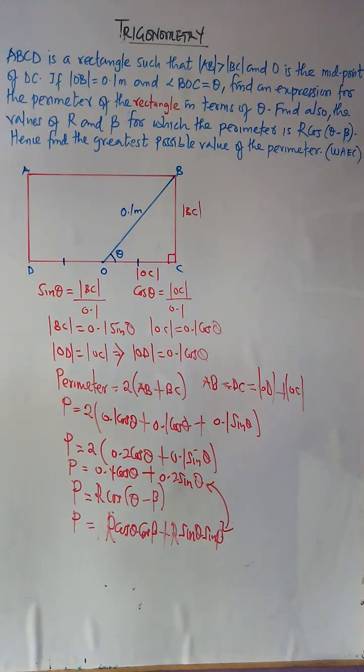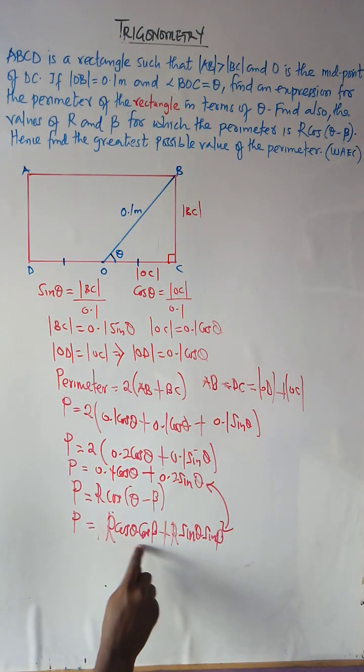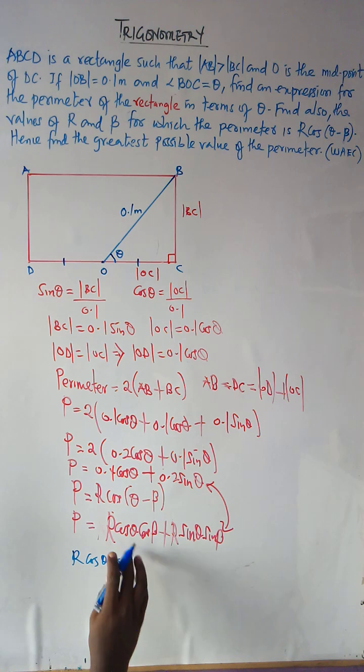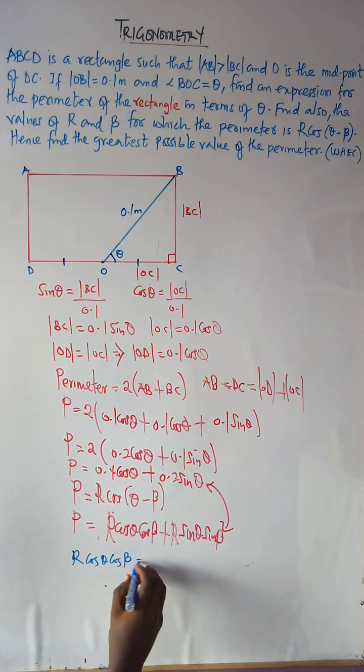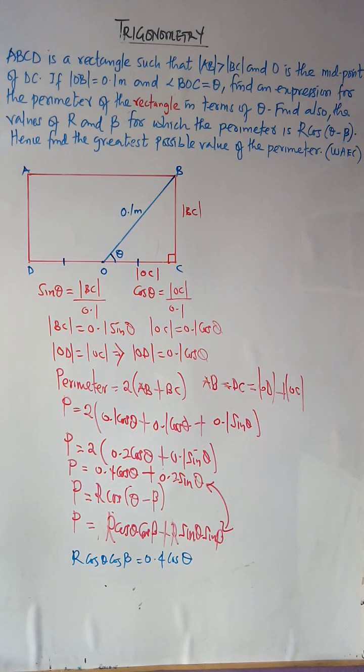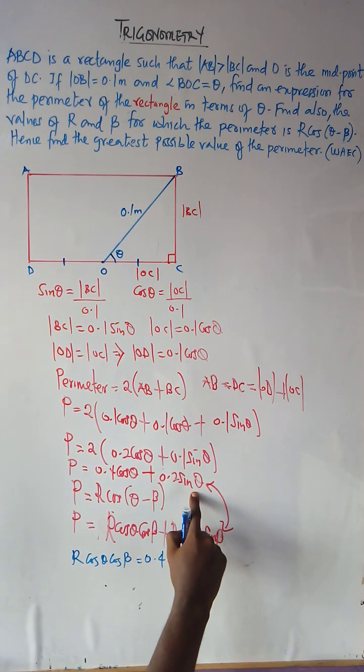So what can we do? We can compare. This side we have cos theta, we have cos theta here. We have sin theta and sin theta. Since they are equal, it implies that R cos theta cos beta equals 0.4 cos theta. Same way, we can compare this side because this has sin theta and this also has sin theta.